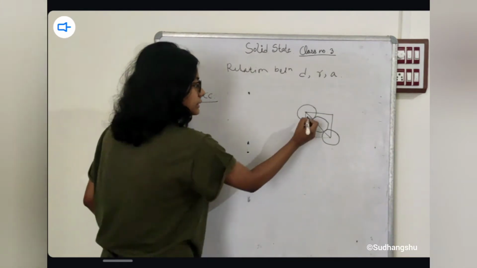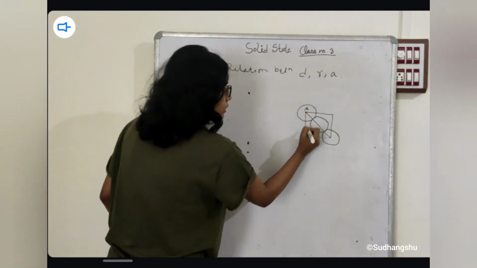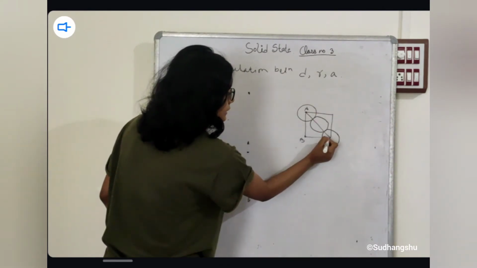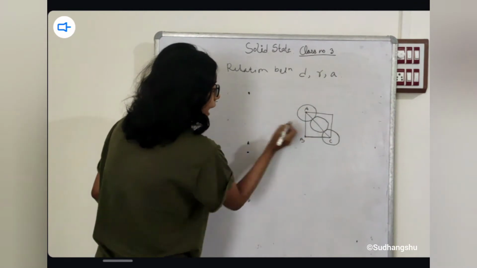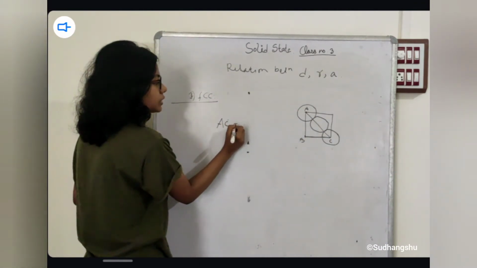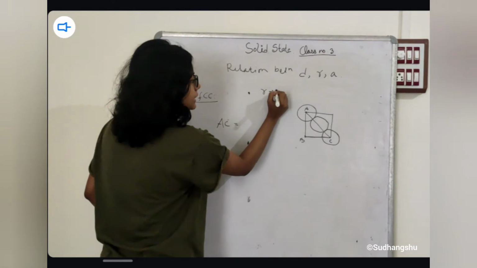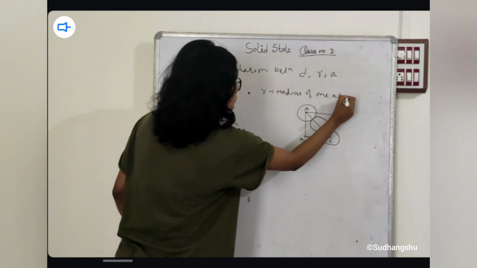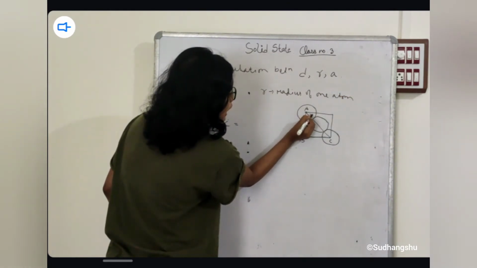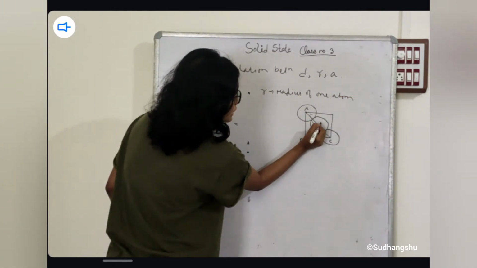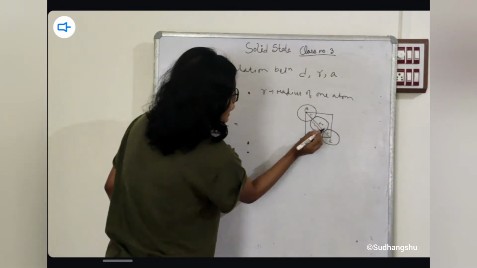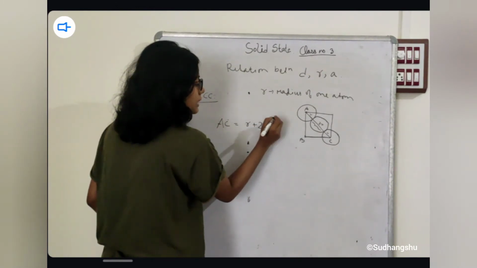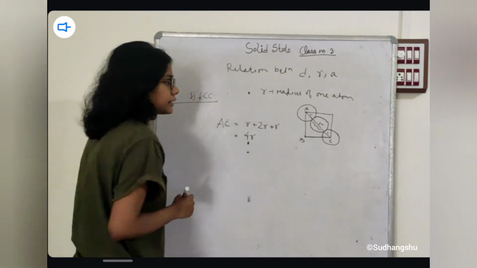So for face centered, A, B and C. A is this corner, B and C, the corner positions. Now AC is equal to what? If r is the radius of one atom, so this position is r, and this line is 2r, and this line is r. So AC is equal to r plus 2r plus r is equal to 4r, right?